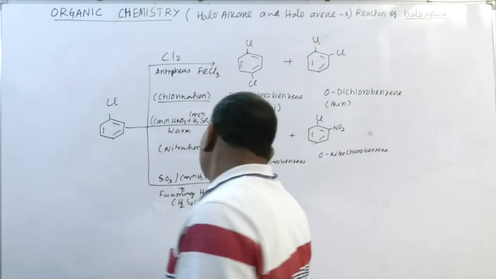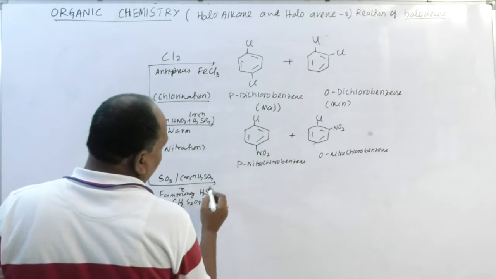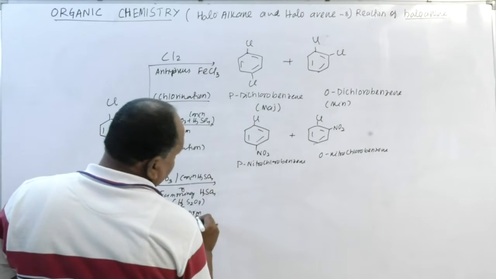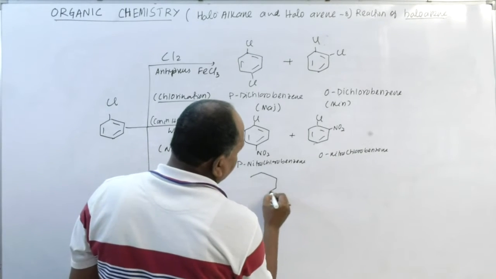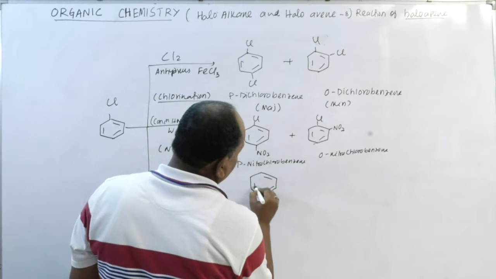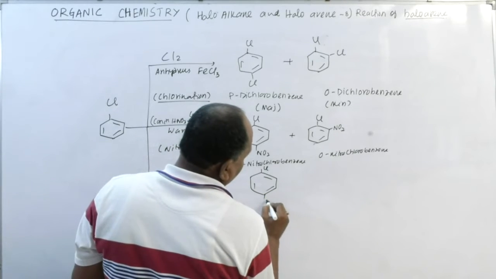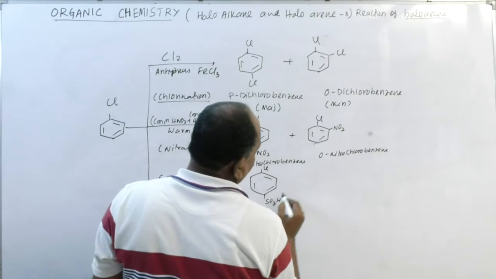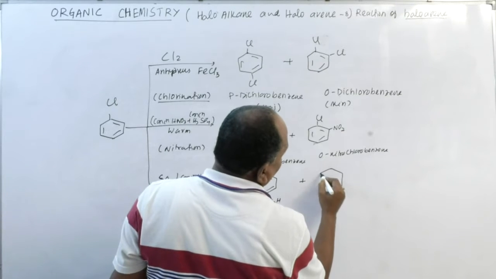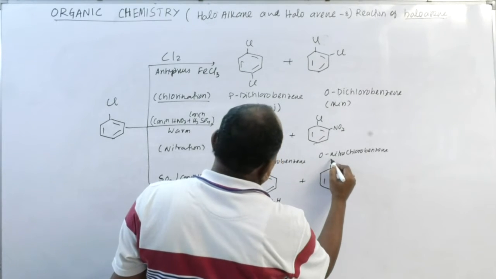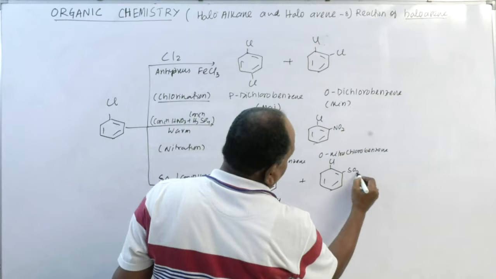When chlorobenzene is treated with oleum and heated, it gives a mixture of ortho and para derivatives.